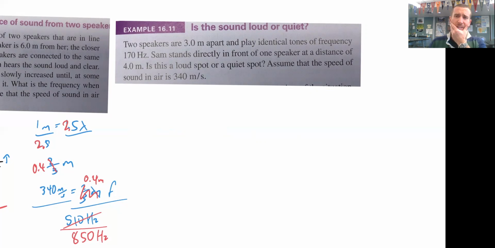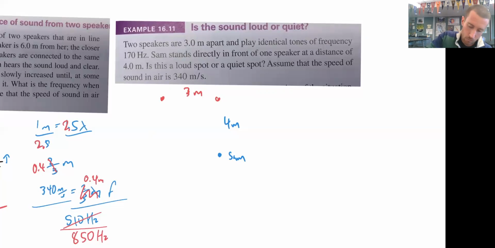Okay, so this one's a little bit 3-dimensional. That's 2-dimensional, actually. So let me just kind of sketch it out. I have 2 speakers that are 3 meters apart. Sam stands directly in front of one. So here's Sam at a distance of 4 meters.